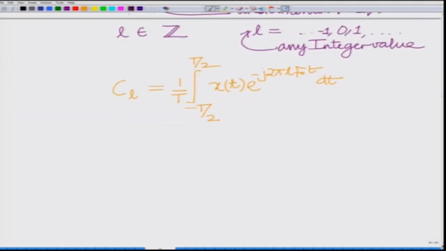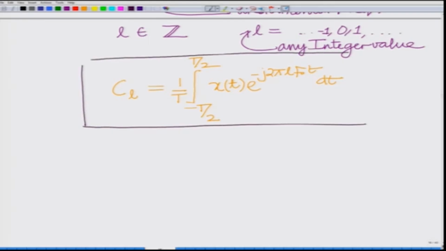This is the relation we have derived for the kth coefficient of the Fourier series.